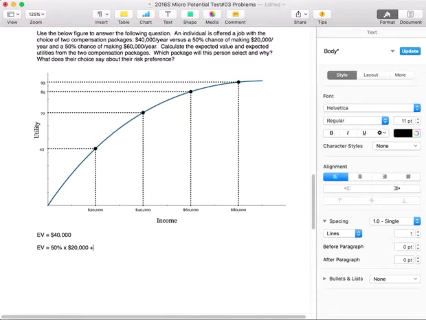And we add to that the 50% chance of them making $60,000. And that should be a dollar sign, not an and sign.